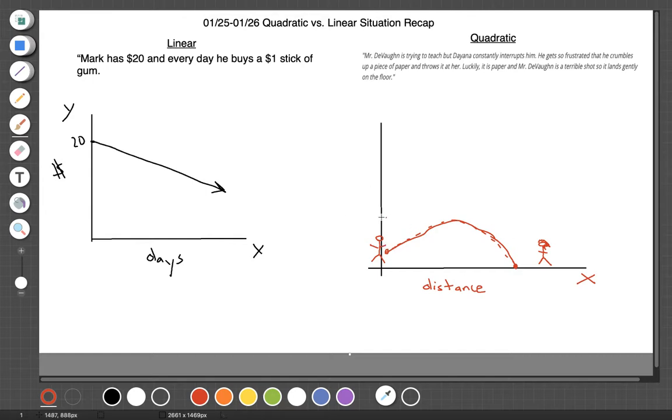If we're thinking about this situation, well, this is just the height. And both of these, you probably are going to measure in feet. So you can have feet for both the x and the y, but it's two different things. It's the height and how far it goes, the distance. So that would be a quadratic situation.